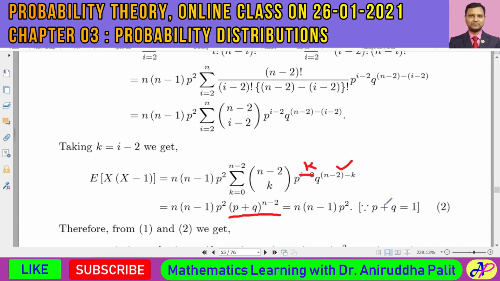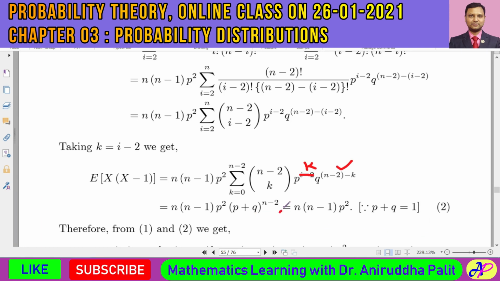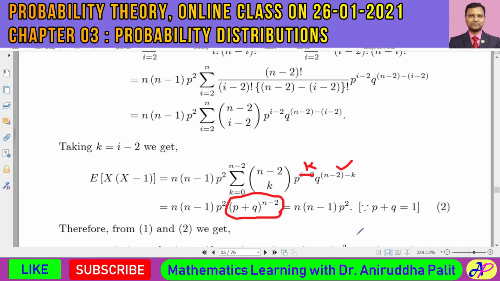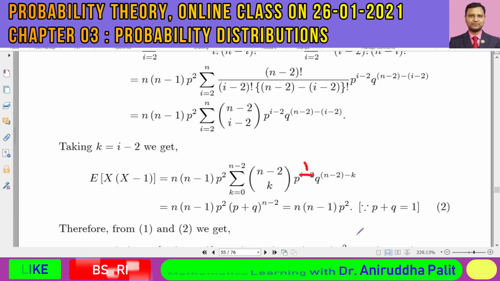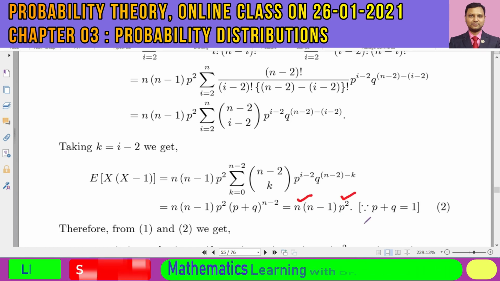As p plus q is equal to 1, the value of this total binomial expansion would be equal to 1. And therefore we have the final result equal to n into n minus 1 into p square.